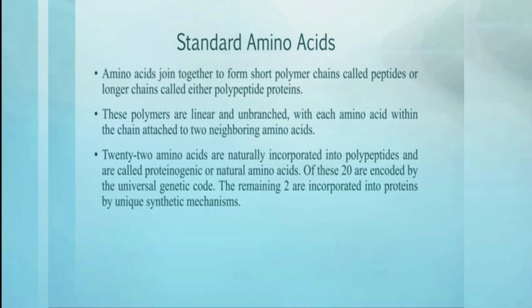Twenty-two amino acids are naturally incorporated into polypeptides and are called proteinogenic or natural amino acids. Of these, 20 are encoded by the universal genetic code. The remaining two are incorporated into proteins by unique systematic mechanisms.